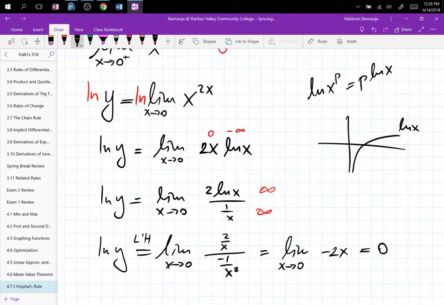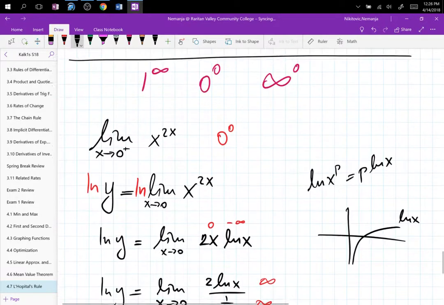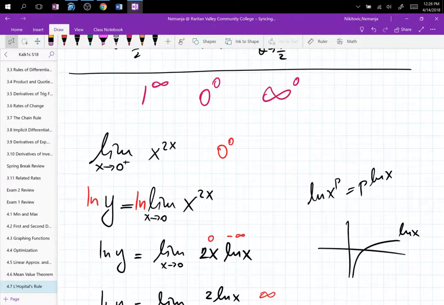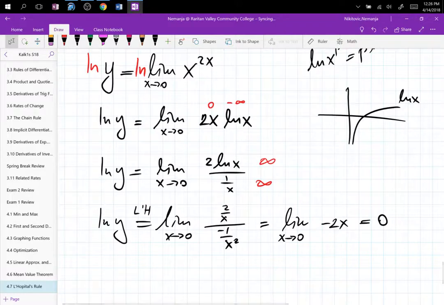So now we have negative 2 times 0 is 0, and we see that in this particular case, our 0 to the 0 gives us 0 at the end. Again, with different functions, different results.